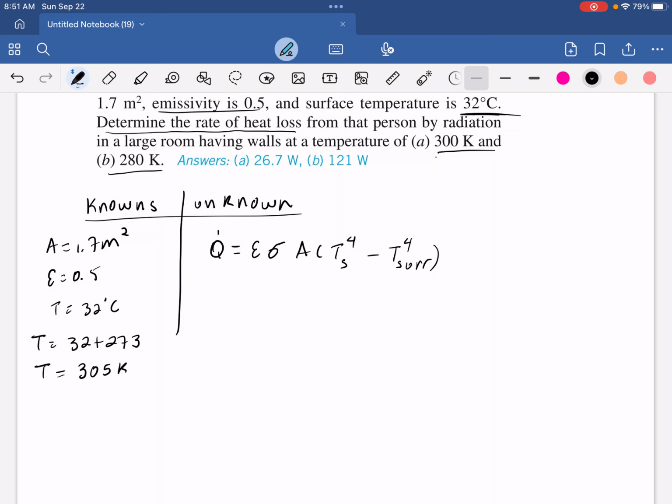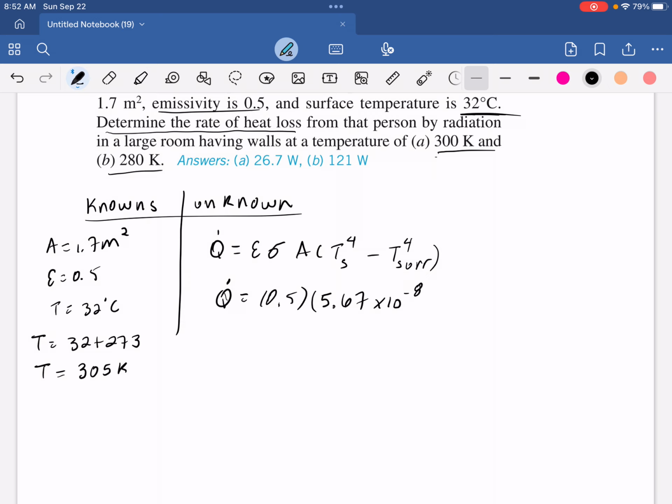That's essentially all I'm doing. So Q dot is going to equal 0.5 times the Stefan-Boltzmann value, which is 5.67 times 10 to the negative 8.